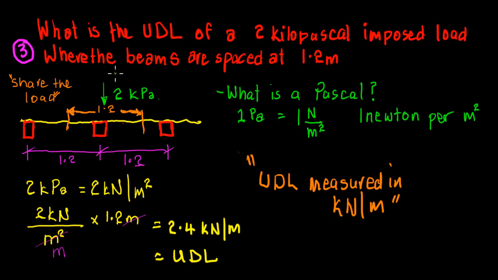And in the third, you're given the imposed load on the beam and the spacing of the beams, and we're able to work out the UDL. Remember that in each situation we need to work out all of the UDLs acting on the beam. We calculate them individually and add them up to get the total uniformly distributed load on a beam in a particular situation.